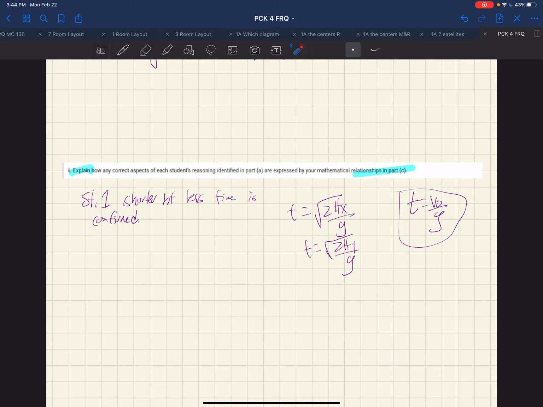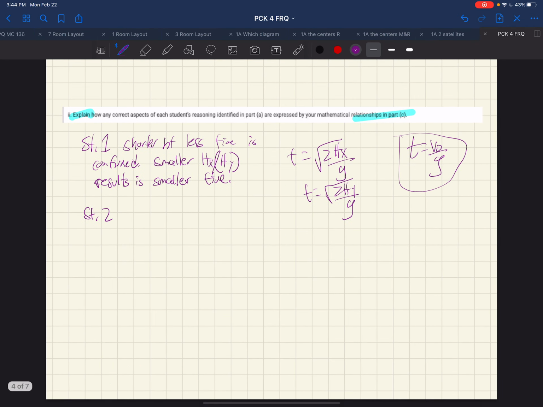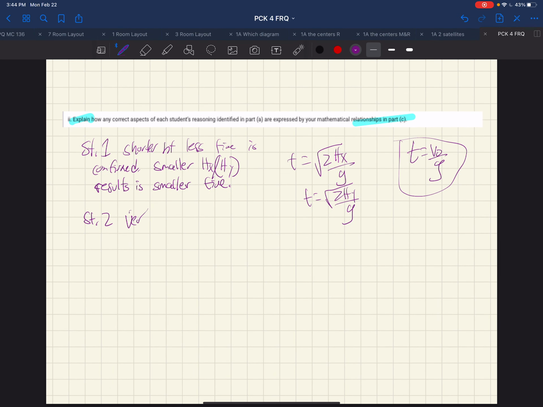And we can see this: smaller hx or hy results in smaller time. Student 2, their correct thing they said was the vertical displacements are equal. Confirmed.